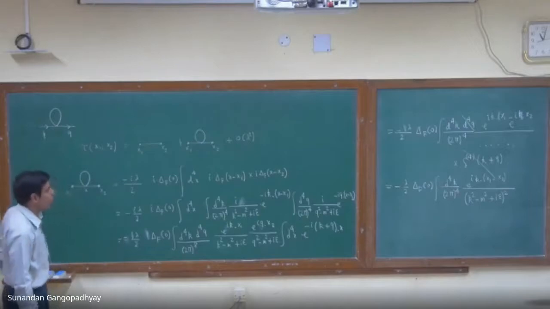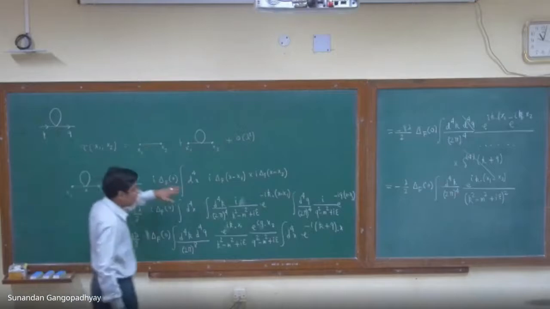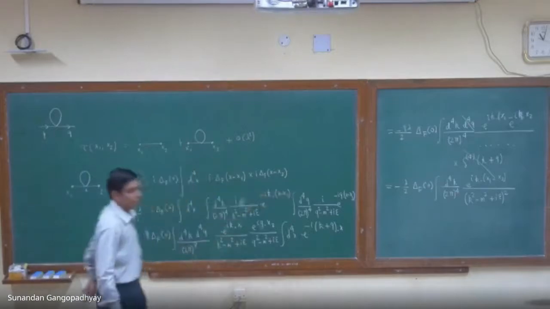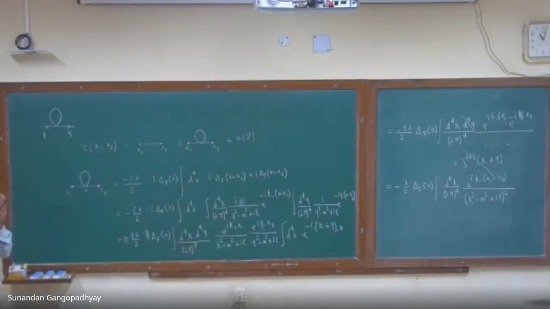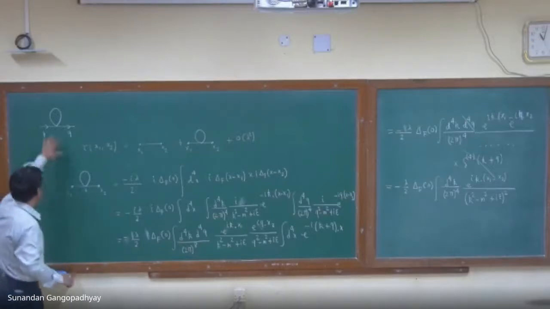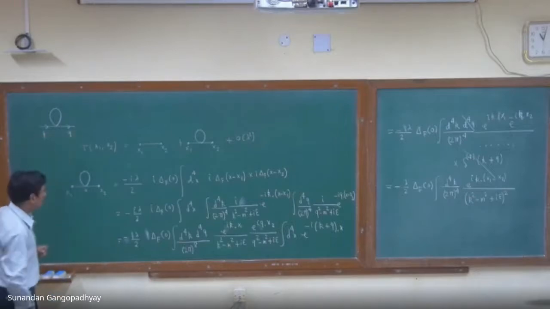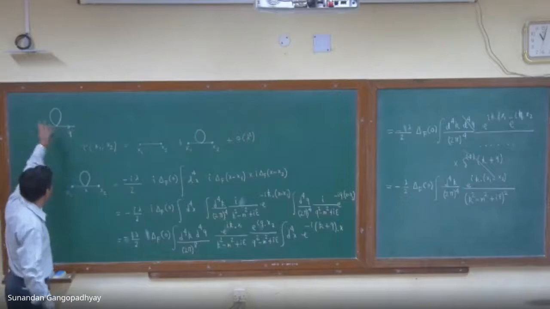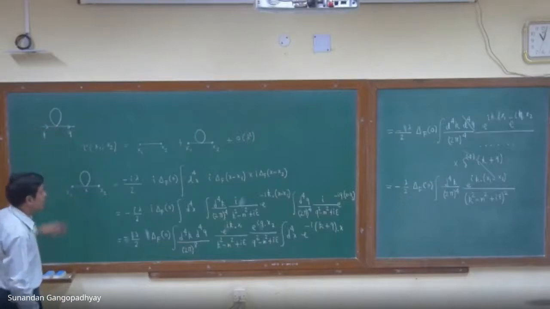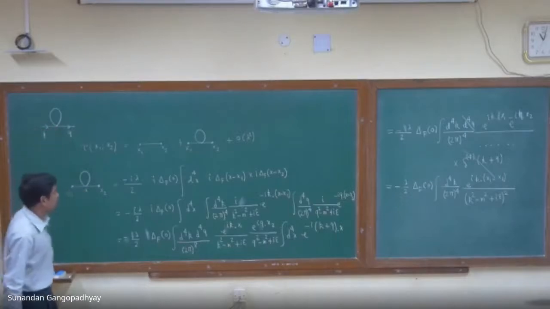You should be careful here. The best way is to apply the Feynman rules in position space and then just Fourier transform. So this is a very subtle point. This diagram and this diagram are a little bit different because there is no x1, x2. There is an x obviously here, but that x gets integrated when you perform this integration.